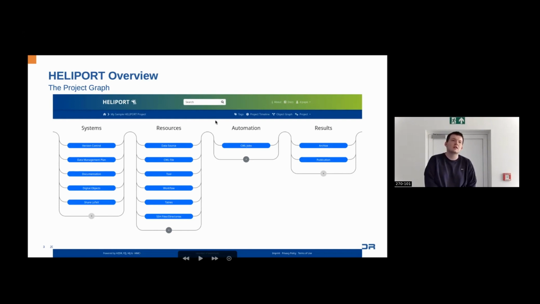But other apps like the workflow integration are more fleshed out with more features available. And yeah, I will now go into some of these features.